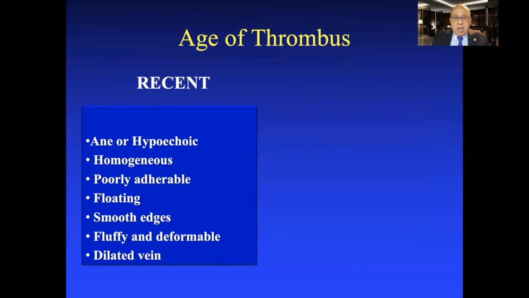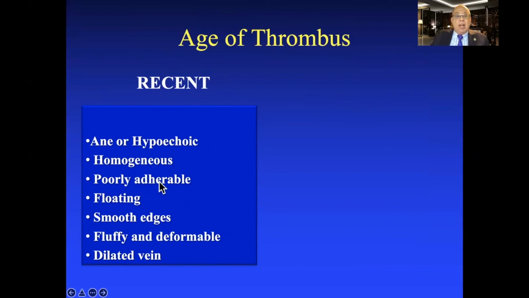Yes, the answer is yes. So we have those characteristics here corresponding to a recent thrombus. The thrombus can be anechoic or hypoechoic or hypoechogenic. Both words are okay, are correct. The thrombus is homogeneous.